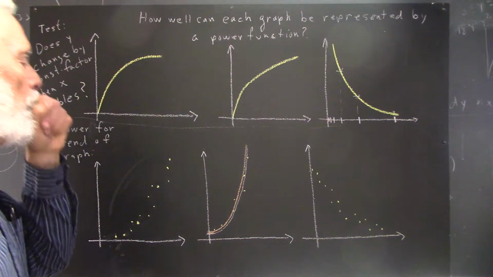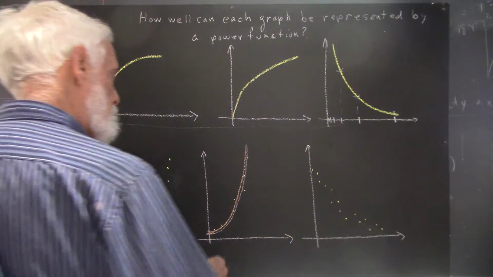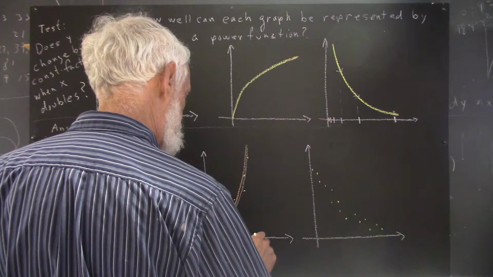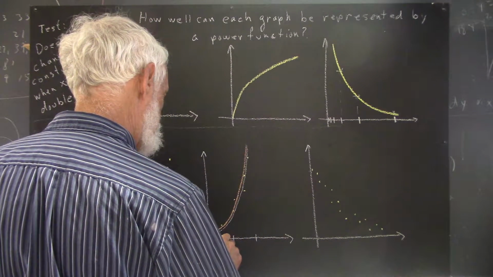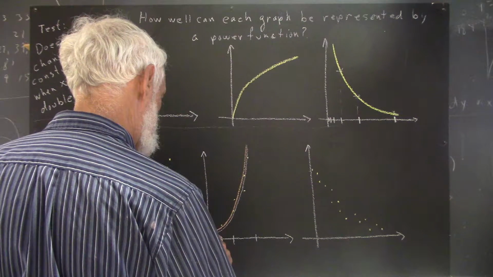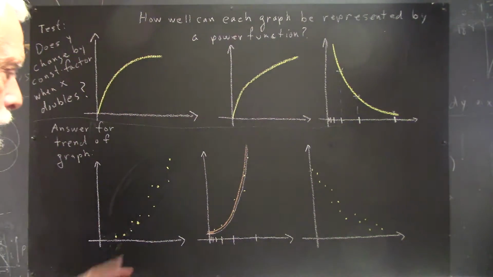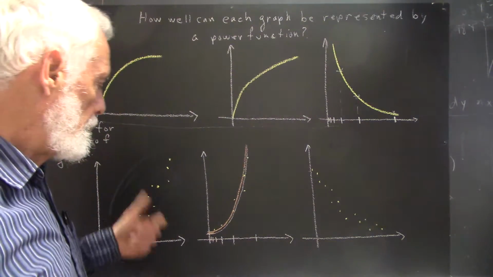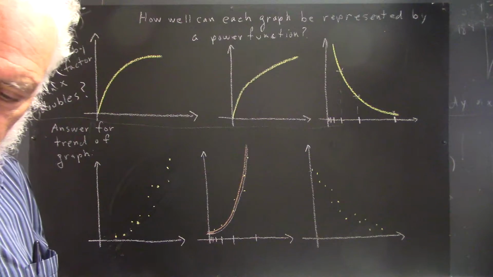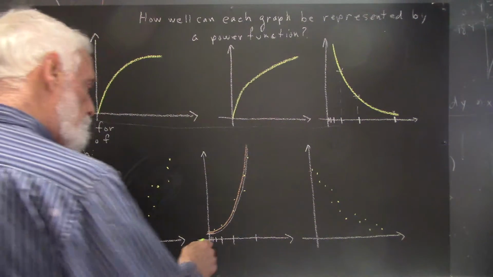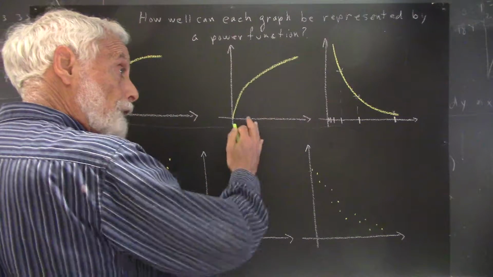Now, my question is the same for this curve. Okay, I can pick x values corresponding to the range or the domain of the data, and I can rule it off. And then I can test whether, let's see, I'm going to use a different color for the corresponding points on the curve. Okay, now the other thing is I want to use the curve. I'm done with the data points.